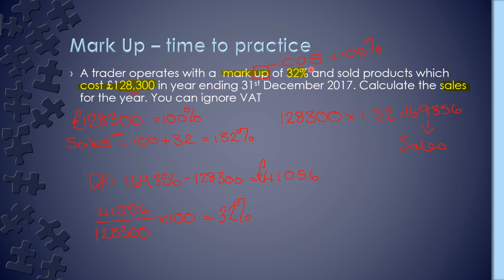That comes back to your 32% in your question, so that you know you've got your figures correct. I really strongly recommend when you're doing a question like this, you do always put it back into the formulae that you learn. As I say, you're probably unlikely to get an exam question that will ask you what the percentage is for markup or margin. They're more likely to get you to work it backwards by being given a percentage for markup or margin.